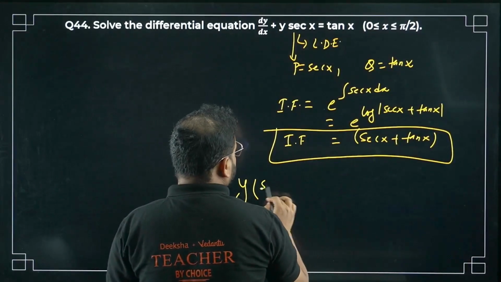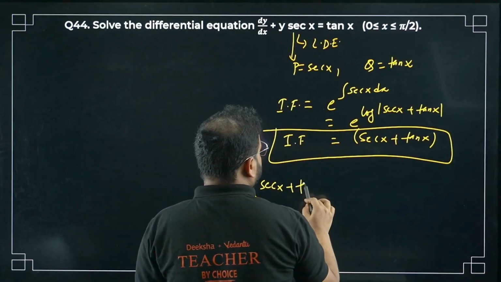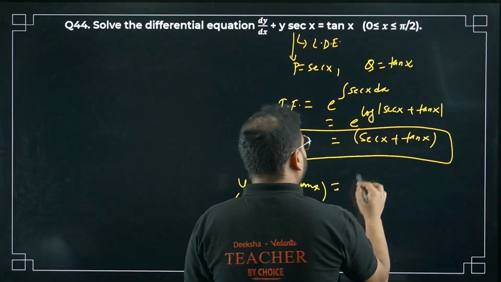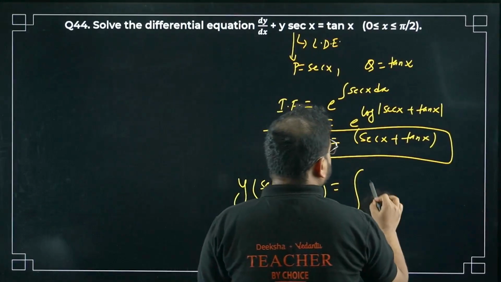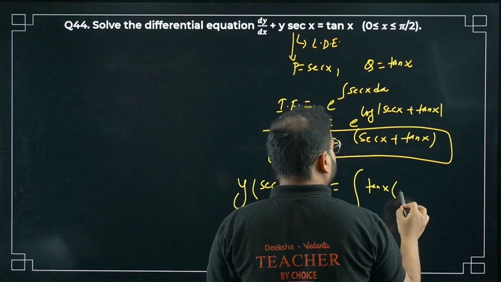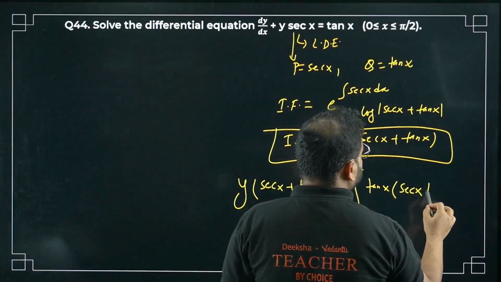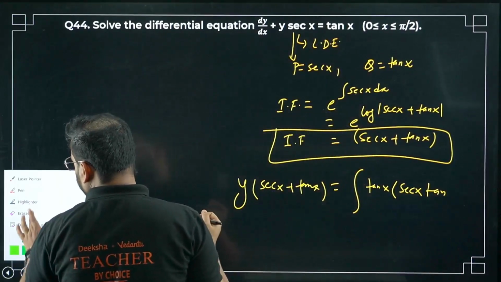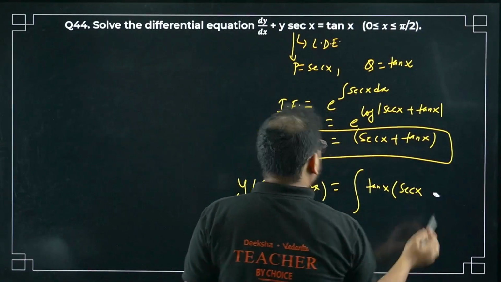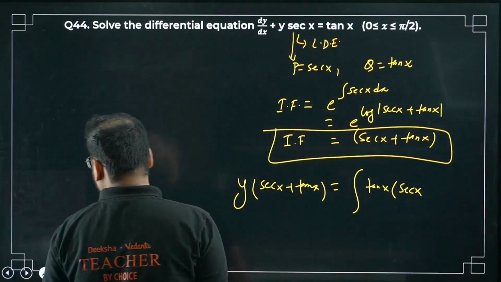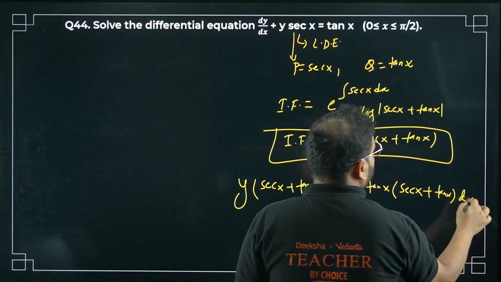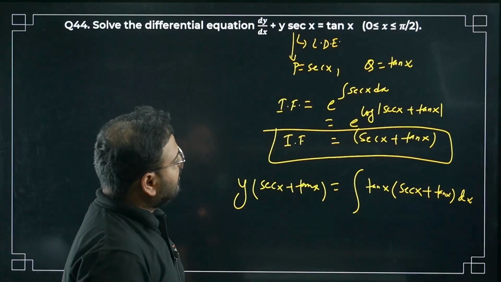So y times sec x plus tan x, y times the IF, equals the integral of q. So tan x times the IF again, sec x plus tan x, dx again, of course.